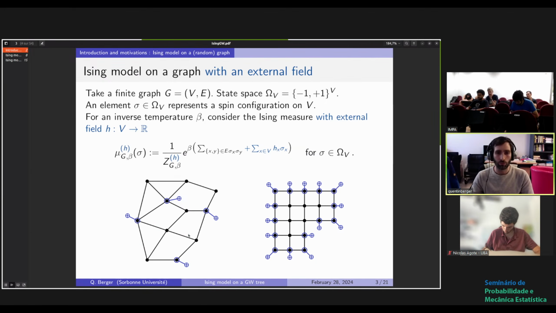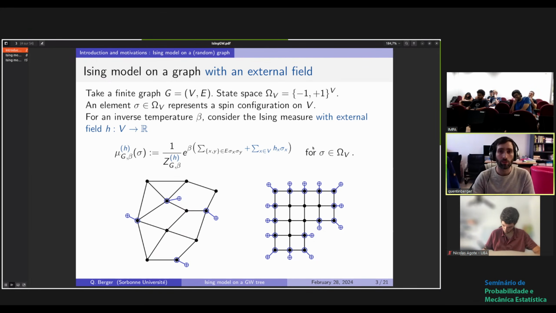Here I've drawn on these two graphs examples where h_x has value 0 or +1. If you have a 0, you don't feel any influence from the external field. If you put a +1, you feel as if there's someone with a plus above you trying to align you with plus. You can think of this external field as being a boundary condition, and the boundary is just the sites where the external field is not equal to 0.